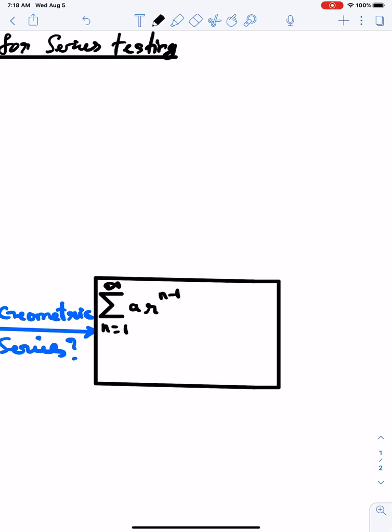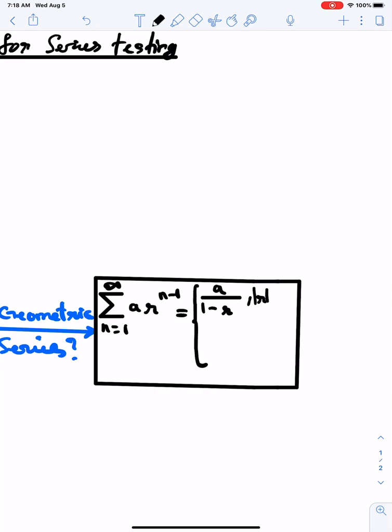If the series is convergent, we actually get a very nice result: it is going to be equal to a over 1 minus r. This is true when the absolute value of r is strictly less than 1.